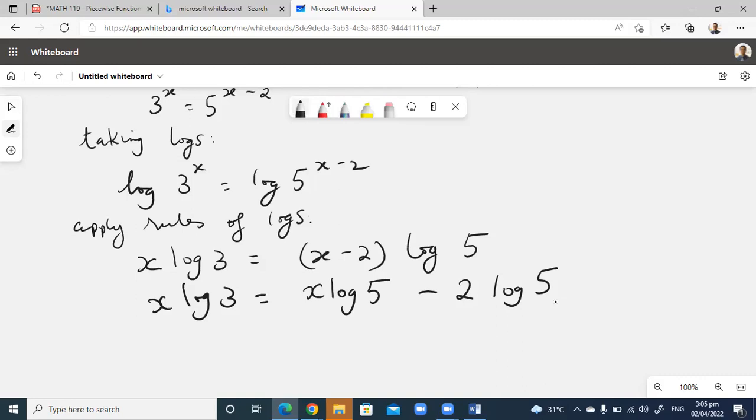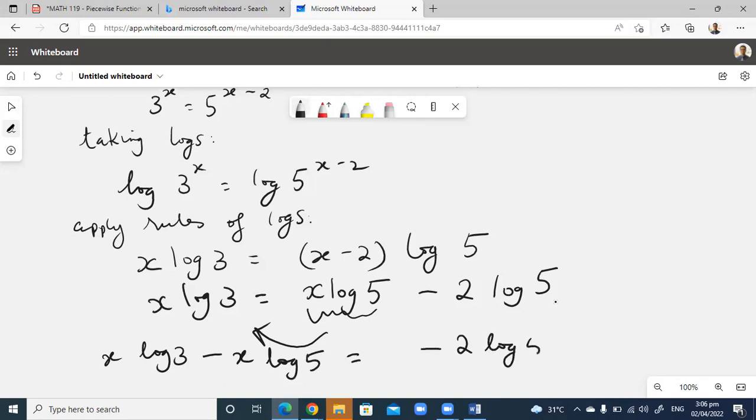What I'm doing now, I'm bringing all the terms with x on the same side. So I'm bringing this term on this side. So I'll get x log 3 minus x log 5 is equal to minus 2 log 5. Any questions?